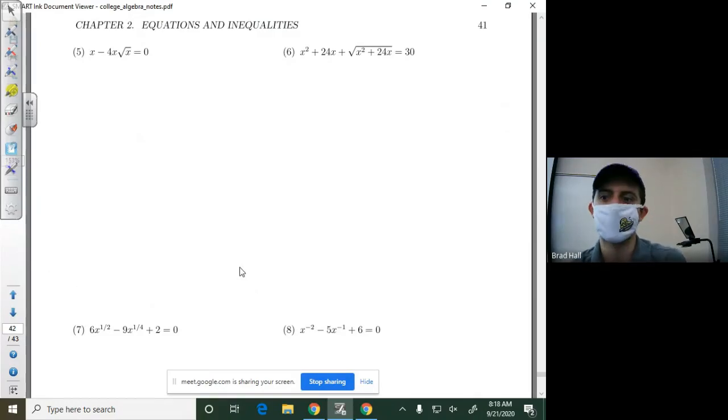So problem 5 here, this one may seem tricky. I do think it is a little tricky. There's actually 2 ways you can go about this problem, and depending on which way you do it, it might be based off of your preference.